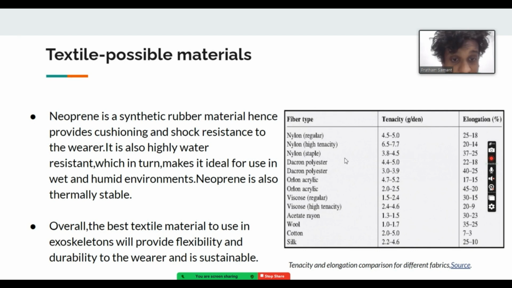We can see that nylon has very high tenacity, hence it makes it a very good textile that we could use in exoskeletons. We also see that polyesters have relatively high tenacity when compared to its elongation percentage, also making it ideal for exoskeleton use. Overall, we need a material that has high tenacity and high elongation percentage so that it could be flexible as well.